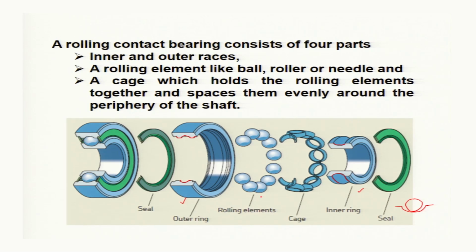Then rolling elements and a case. These are the parts. A case which holds the rolling elements together and spaces them evenly around the periphery of the shaft.